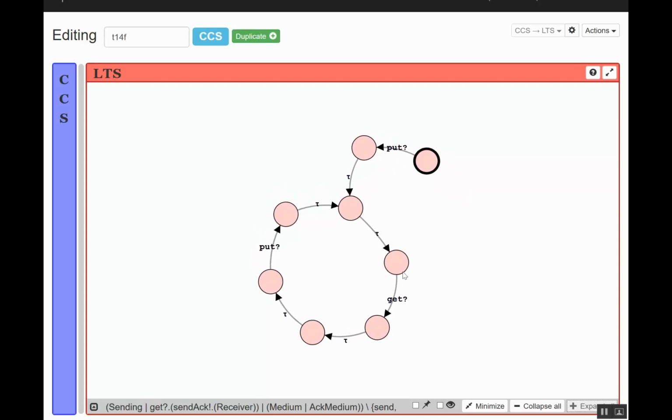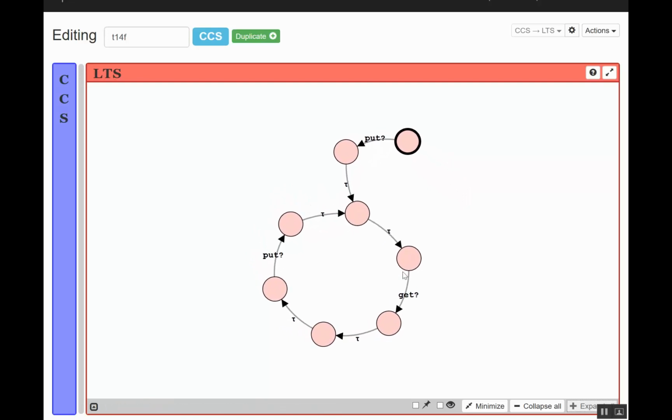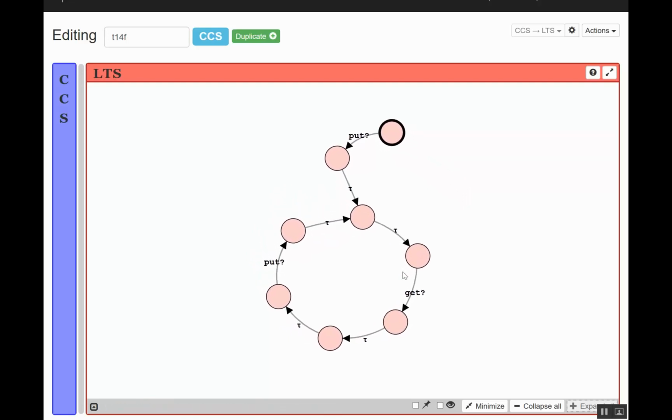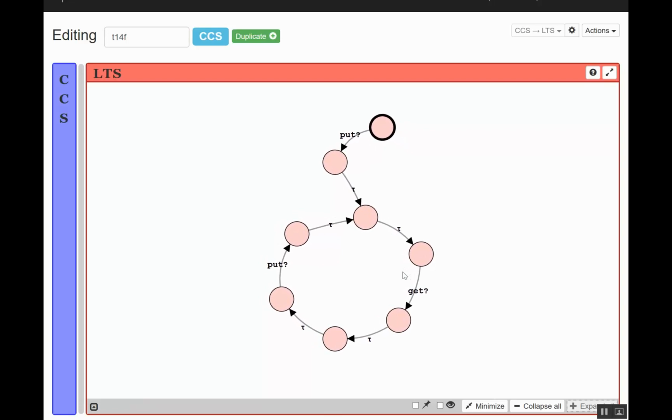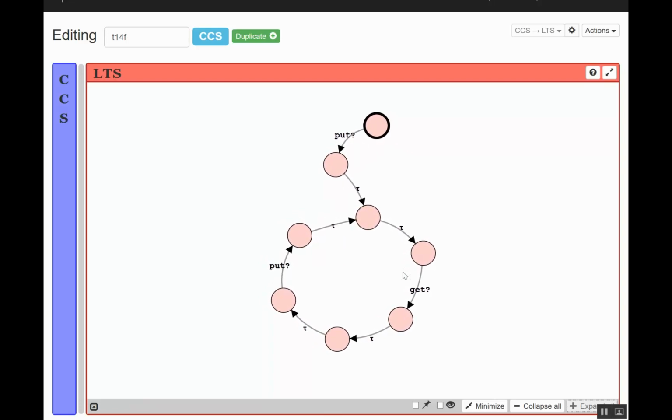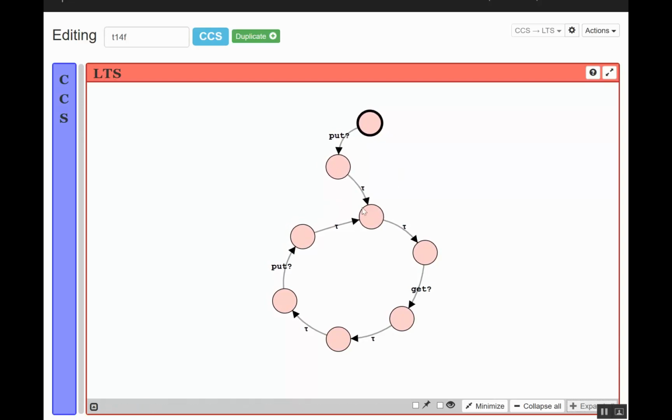So actually, the semantics of this relatively long expression, the protocol under all these bindings that go in the function gamma, is: put, then a number of taus, then a get, then a number of taus, then a put, then a number of taus, get, put, get, put, get, put, get, put, get. So this is what we actually get.